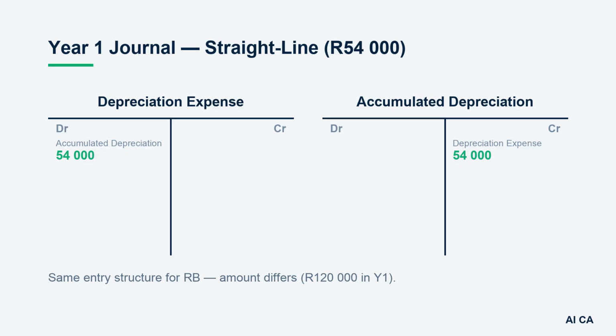The credit sits in accumulated depreciation, which is netted against cost to give the carrying amount. At the end of year 1, the straight line carrying amount is 246,000 Rand. The reducing balance carrying amount is 180,000 Rand, a 66,000 Rand difference already after just 1 year.